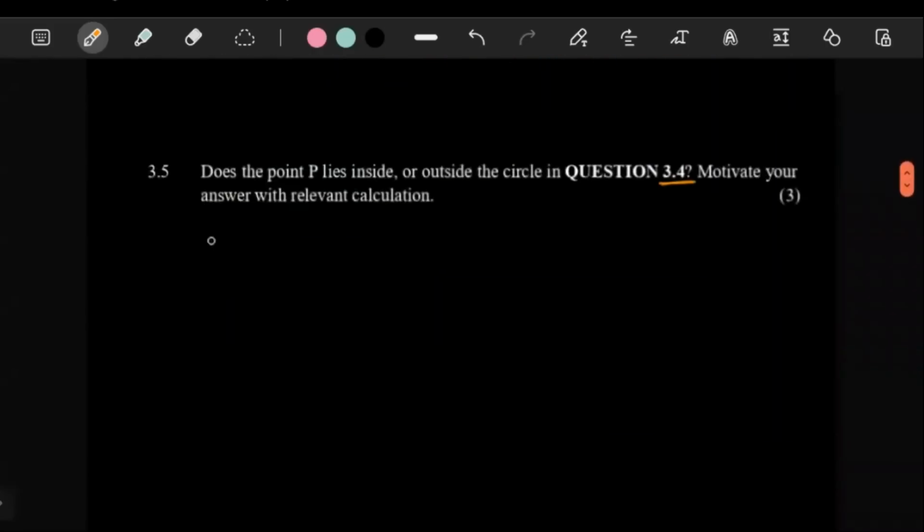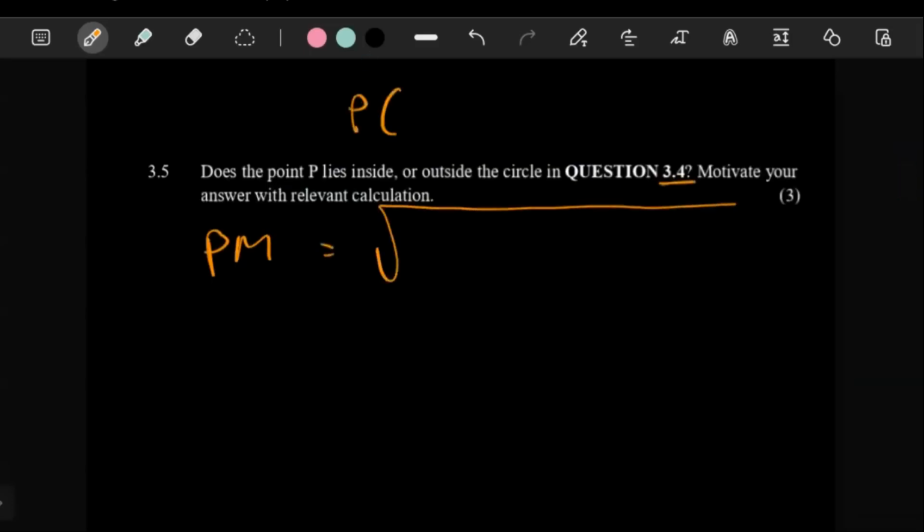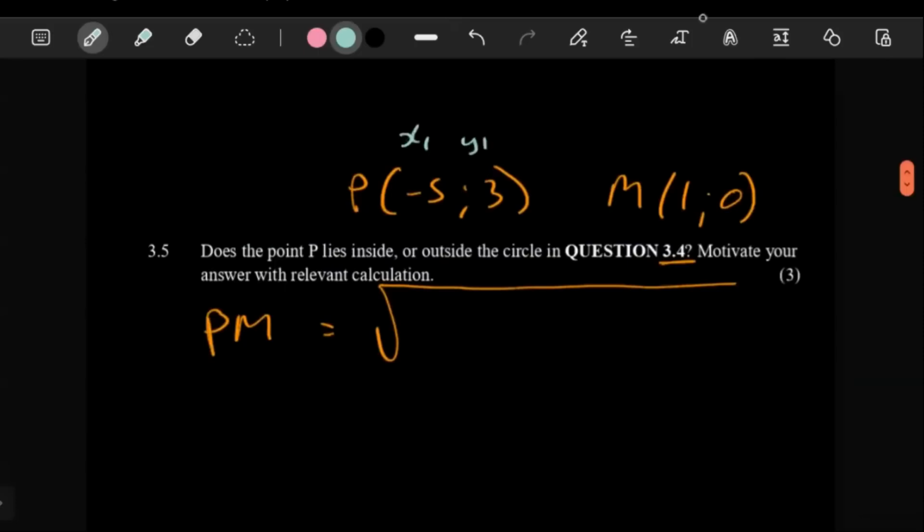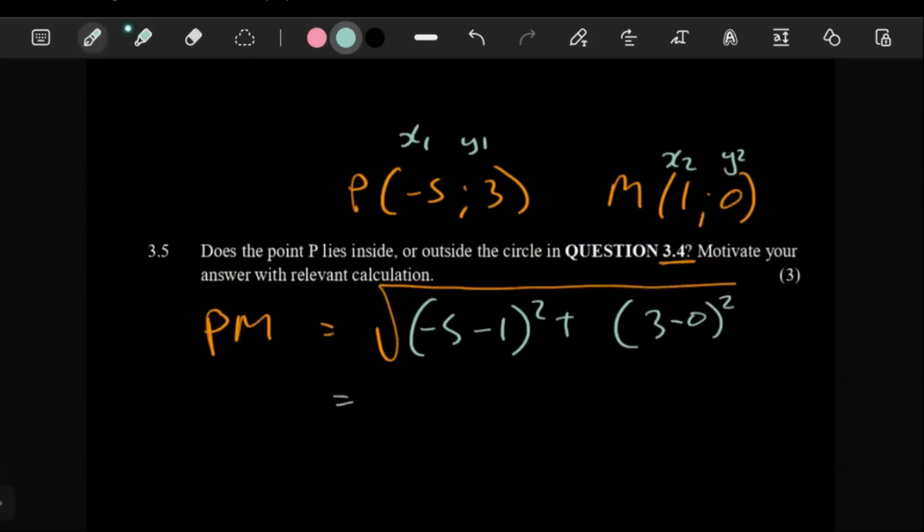So the distance of PM, you're going to have a square root. Remember, P is minus 5 and 3. M is 1 and 0. So this is like x1, y1, x2, y2. The distance here is going to be the square root of minus 5 minus 1 squared plus 3 minus 0 squared.